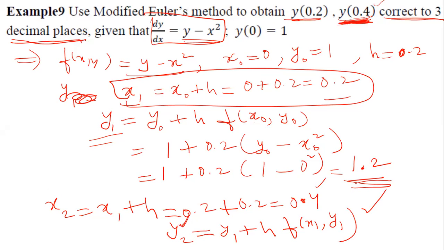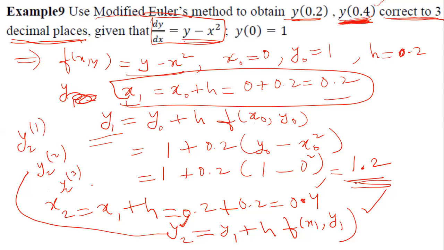Once you have the value of y2, you have to use the modified Euler formula to find the correct value up to three decimal places. So in order to do that, what you are going to calculate is y2 first iteration, y2 second iteration, y2 third iteration. Maybe you need to calculate the fourth iteration also.